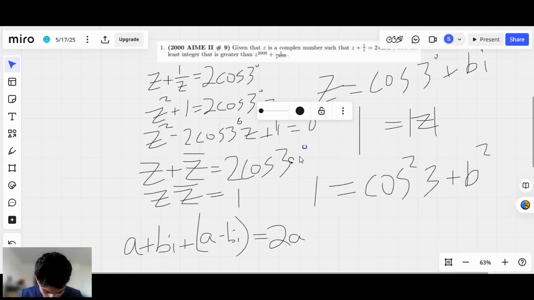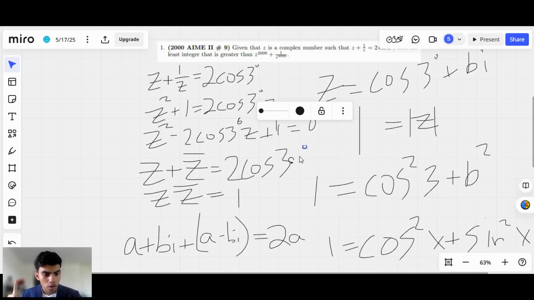It should say 1 squared here, but 1 squared is 1, so I didn't bother writing it down. Now what we can do is go back and remember that whenever you have cosine squared x plus sine squared x, this is always equal to 1.